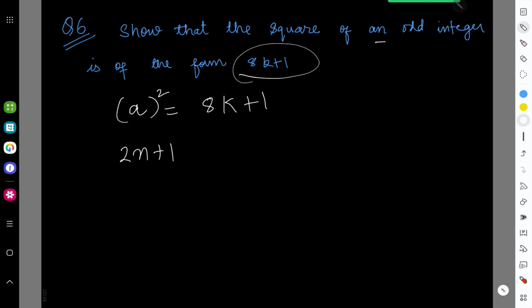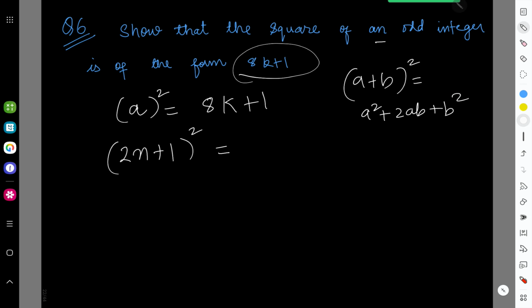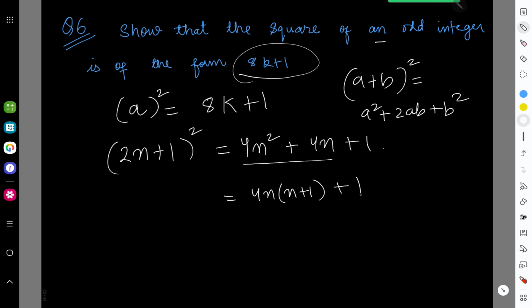We usually use this general form, and if we want to square it, let's use the algebraic identity a square plus twice ab plus b square. Using this identity, I can express this as 4n square plus 4n plus 1. I have 4n common in these two terms: 4n times n plus 1, plus 1.